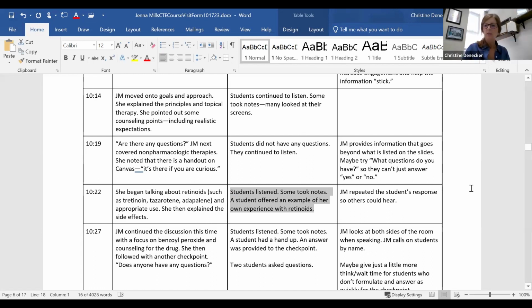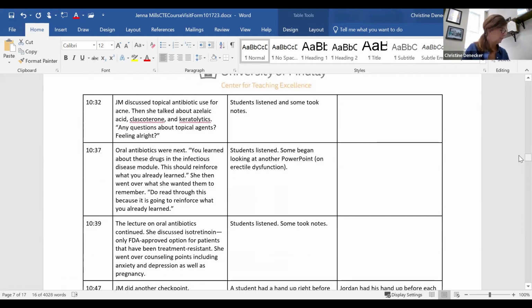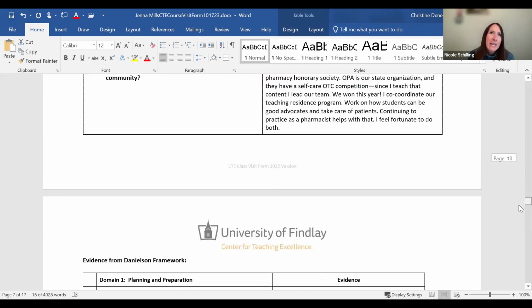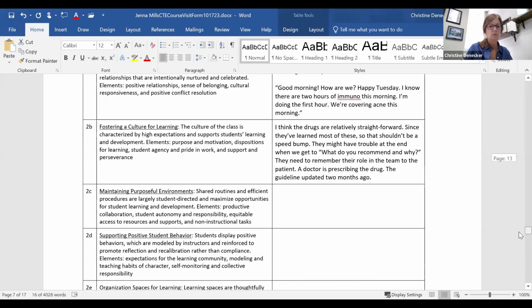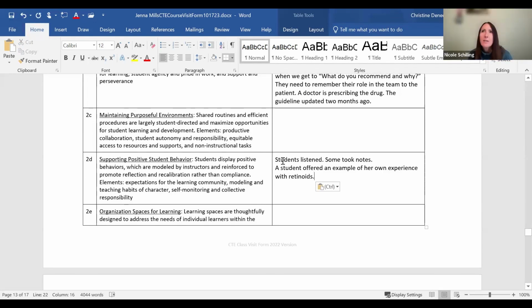I think 2E is really difficult because we don't have much control over our spaces. We find that with the online courses as well, in terms of what we mean by space, right? Maybe thinking big picture about what we mean by space for learning.